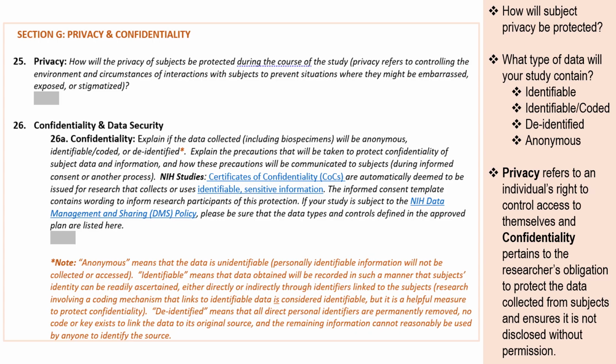Confidentiality, on the other hand, is the researcher's responsibility in protecting subject data and ensuring that it is not disclosed without their permission. In this section of the application, we want to know what type of data your study will contain. For instance, will it contain names and recordings that would be directly identifiable? Will you collect identifiable data but later replace it with a coding mechanism to further protect against data breaches or exposing someone as a research subject?